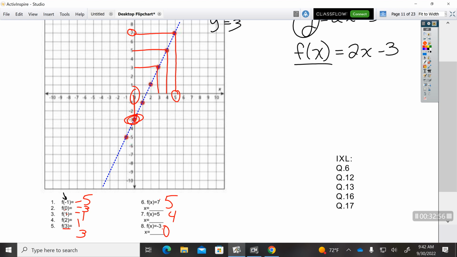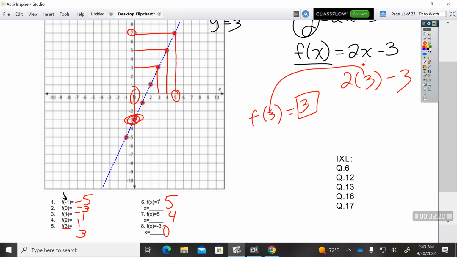Now, this is what I want to show you guys. F of 3. What did it equal as an answer? Down there, 3. Are you with me? Now, watch how this graph works the same as a function. 2 times 3 minus 3. What's 2 times 3? 6.